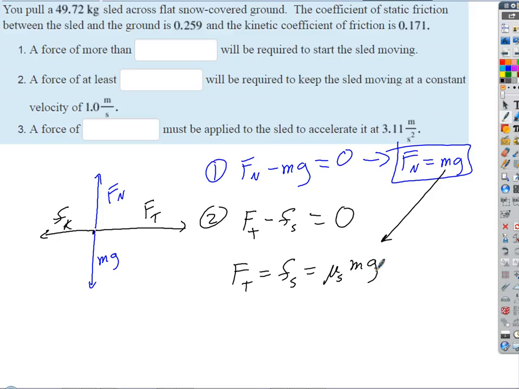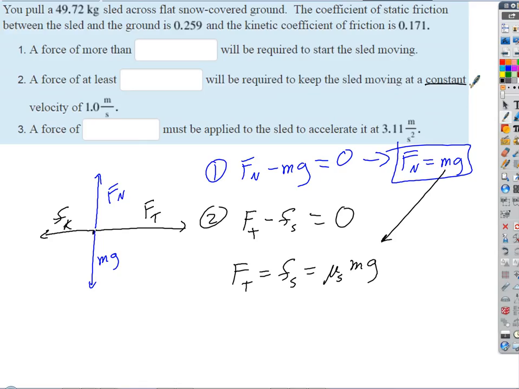Okay, so Nathan, what about part 2? Now we're switching to a little different situation here. A force of at least blank will be required to keep the sled moving at a constant velocity of, who cares? All we care about is that it's constant velocity. So what's the only difference in our free body diagram when we move to part 2? Well, actually, maybe it's even okay the way it is. What do you think? Sled's moving.